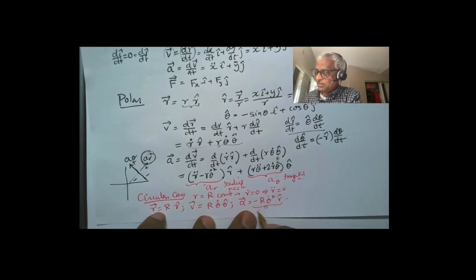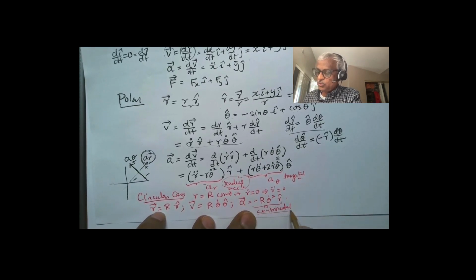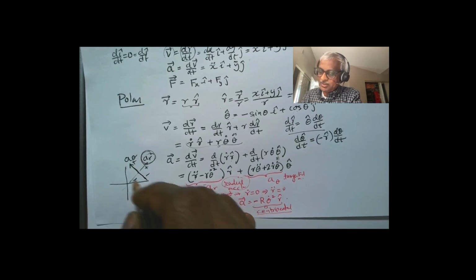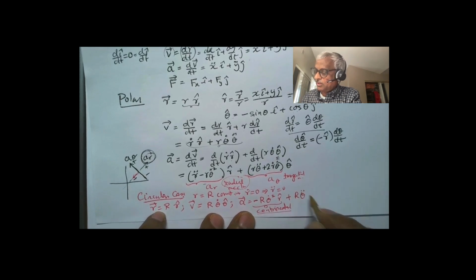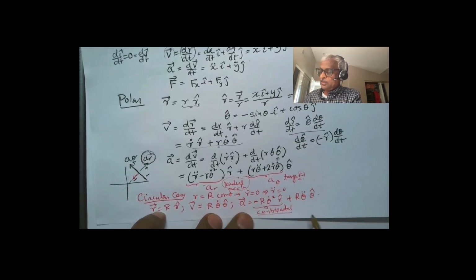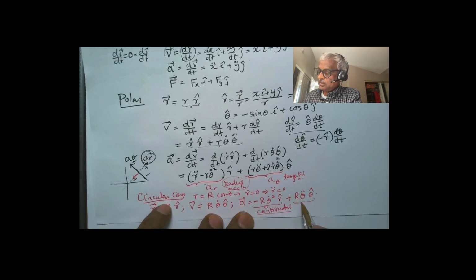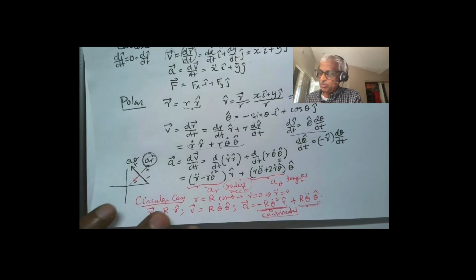This is the same as the radial acceleration, but towards the center, because this is negative, so it's pointed towards the center. And this will be r theta double dot theta hat. So this is the acceleration that we study when we study rotation, the acceleration for something moving in a circle.